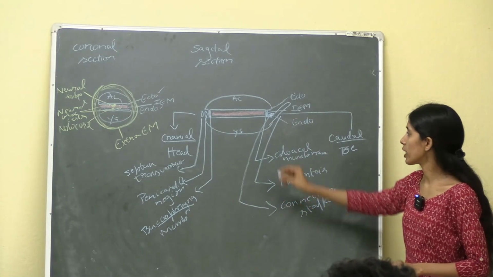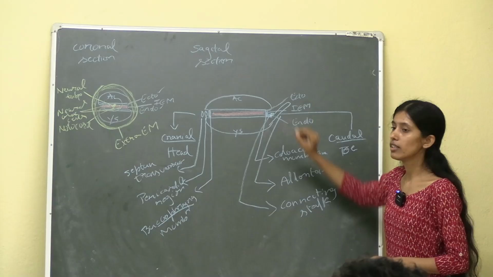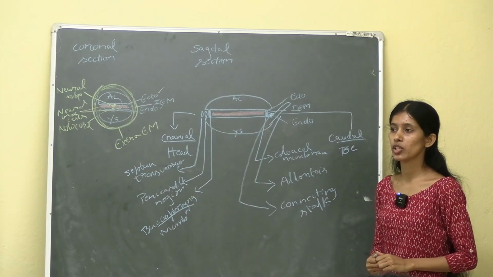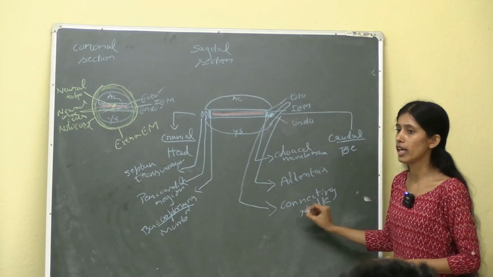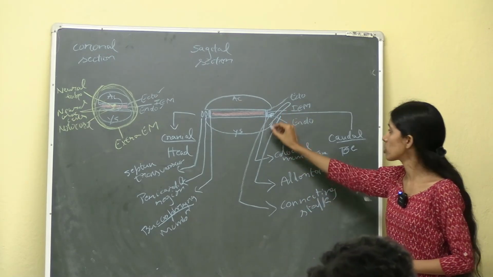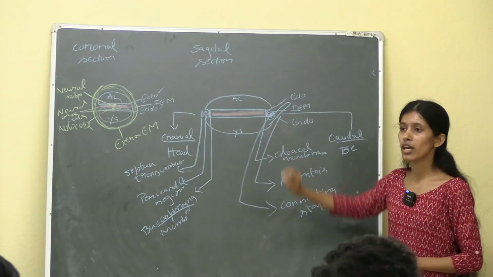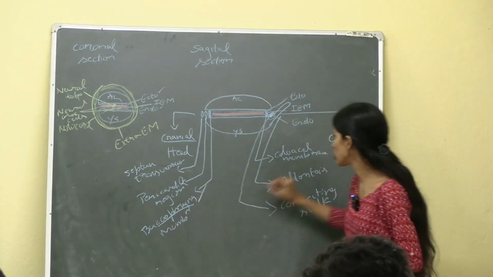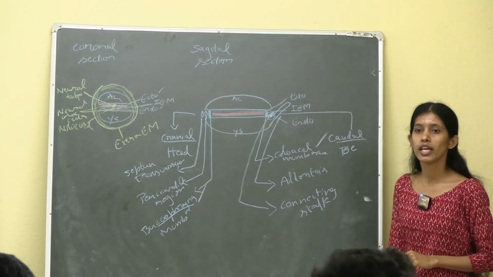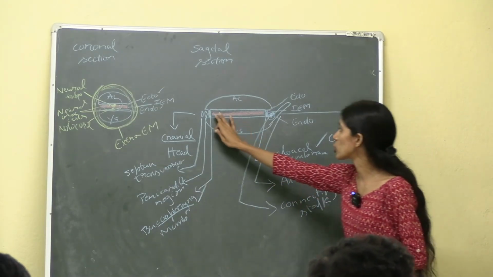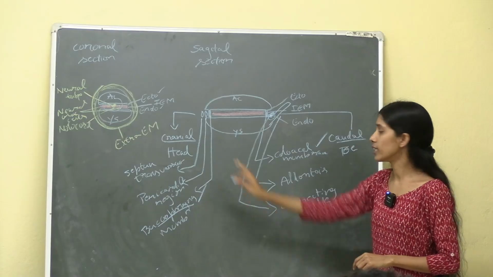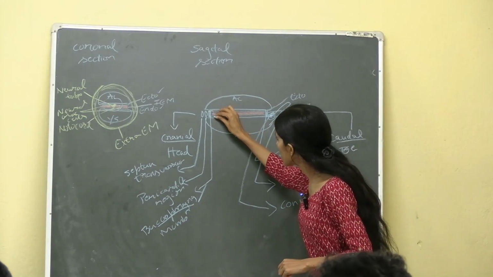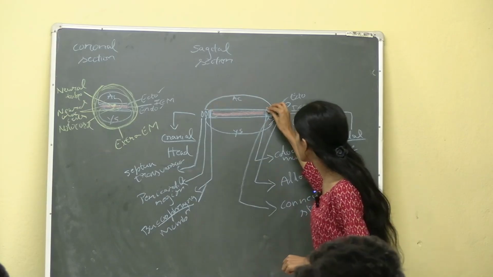On the caudal end, we have the cloacal membrane and the elongation from your yolk sac, which is called allantois. Between these two structures, we have one more important structure, that is the connecting stalk. Okay. Remember one important point: your buccopharyngeal membrane and cloacal membrane are present in the region where your mesoderm is absent. In this region, your mesoderm is absent, so your ectoderm and endoderm are connecting with each other.